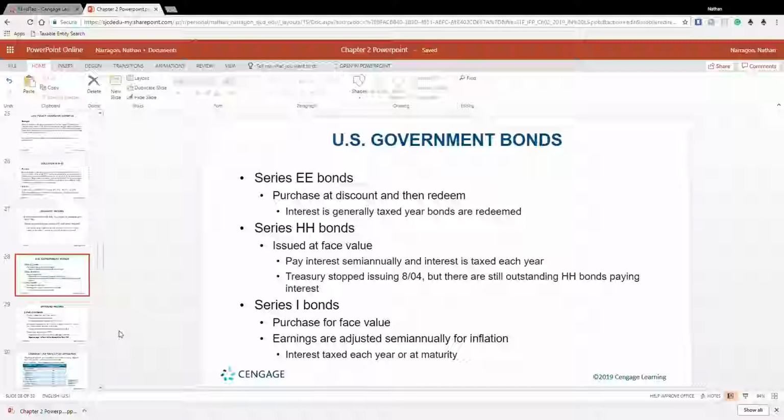So if it's redeemed in that year, we get interest. If it's taxed, we just pay interest each year. Government bonds are a good investment. They're actually super good because, one, the government can't default on bonds, so it's always good to invest in that.